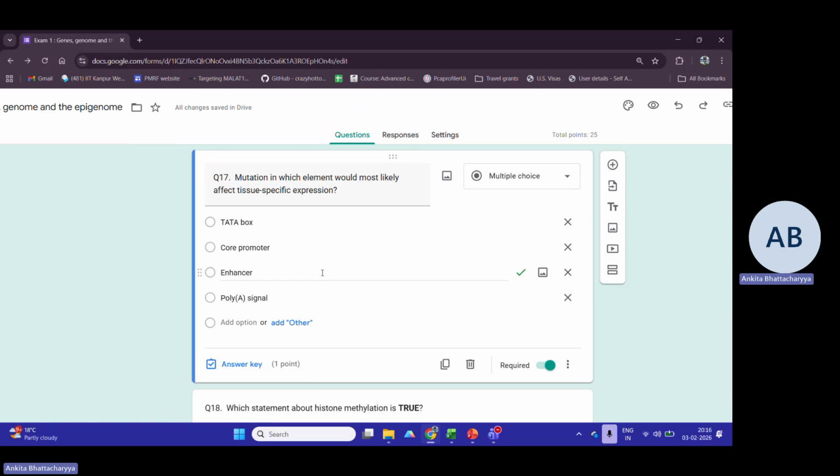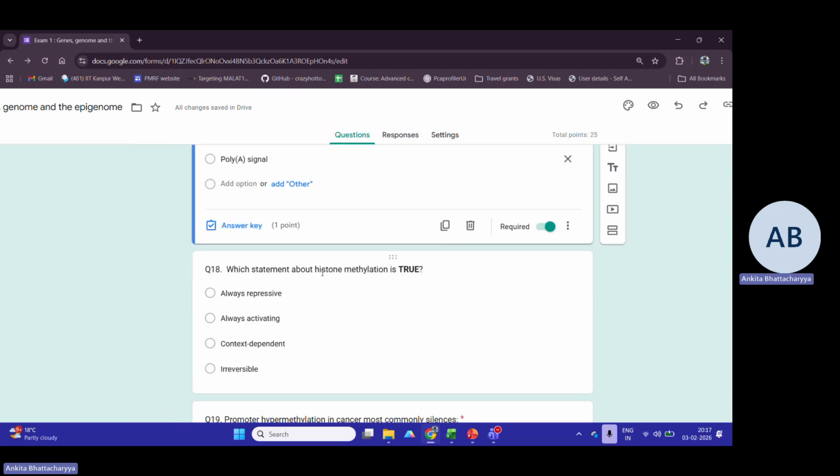Let me put it differently. The genome of all cells is the same. However, certain genes are more preferably expressed in certain tissues and not expressed in other tissues. While there are multiple factors that contribute to regulating this phenomenon, one of the major contributors is enhancers. There are tissue-specific enhancers which preferentially guide the RNA polymerase to those sites and aid expression at a much higher rate. So that's what the enhancer does.